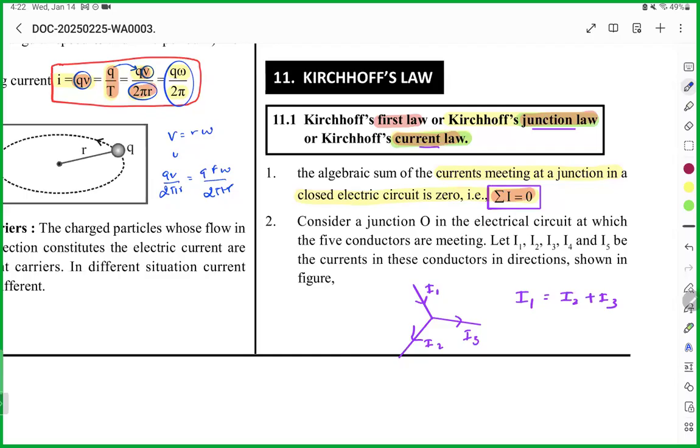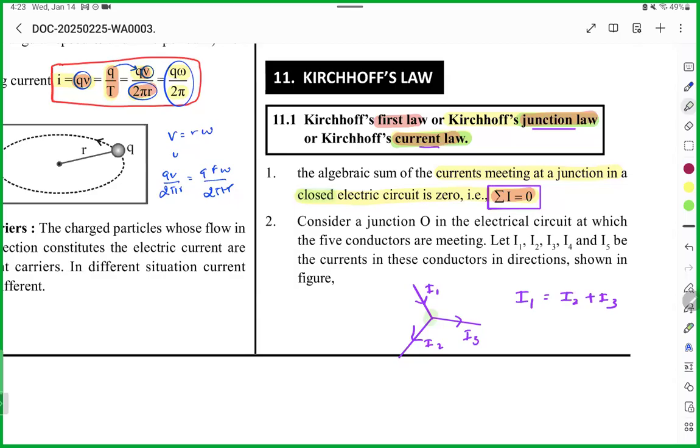Most easiest topic ever you will see. Kirchhoff's first law is also known as the junction law. Why? We want to study what happens at the junction. If you have multiple wires and there is one junction between the wires, what happens at the junction? This is also known as the current law, because at this junction we study current, and we say the total current at the junction in a closed circuit is zero.